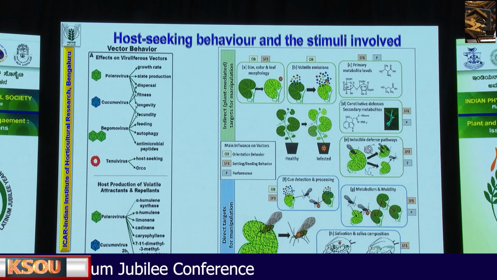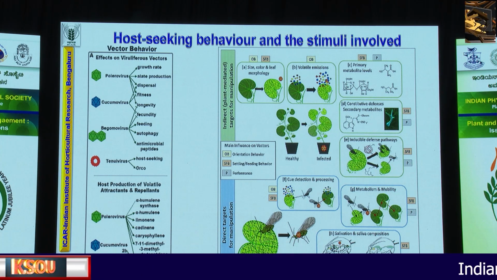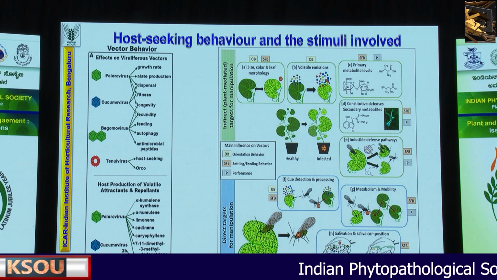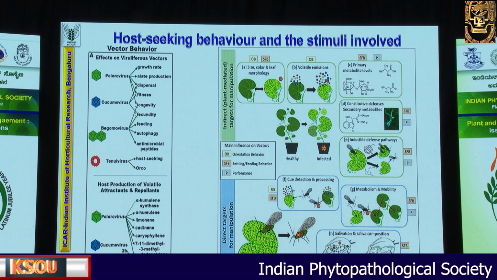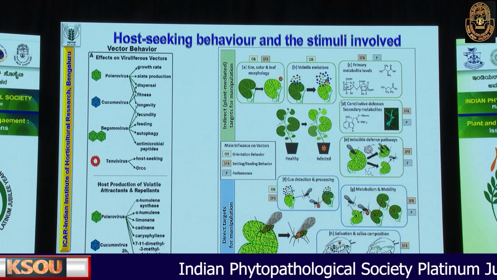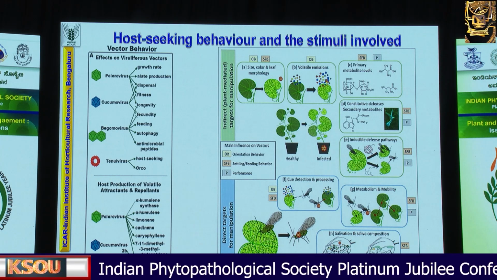And that leads to efficiency. There is ample evidence now that different groups of viruses, such as the polerioviruses, affect the growth rate, alate production, dispersal and fitness of the aphid vectors. In case number 1, when a healthy plant is infected, certain volatiles are generated, and these volatiles are recognized by insect vectors, and they in turn feed on them.